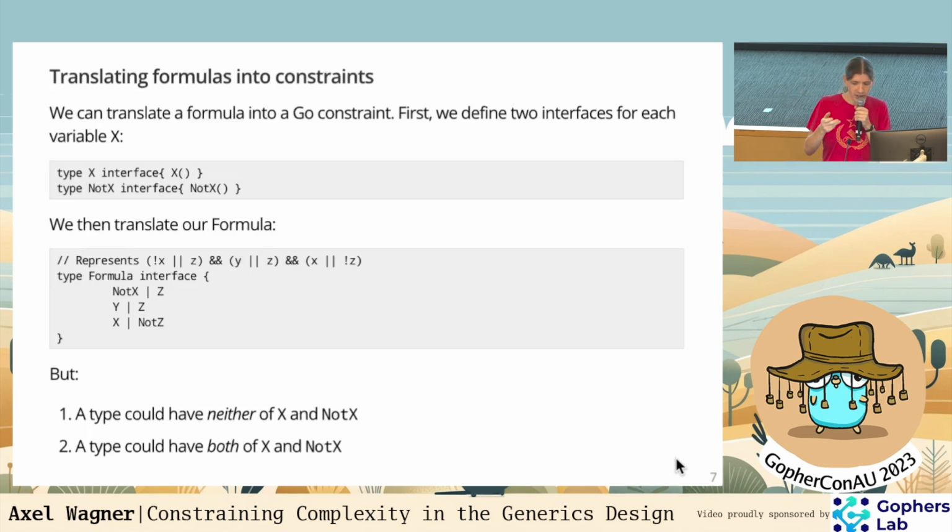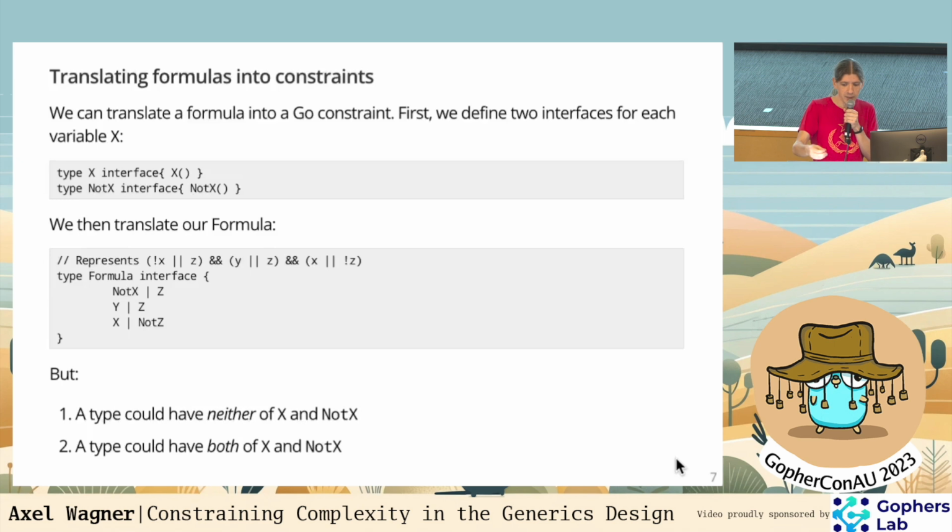If we do that, we can just take our formula and translate it one-to-one into a Go interface by replacing every logical OR with a union, every negation with the corresponding NOT interface, and every AND in the formula by just doing a line break or a semicolon to embed another interface to say it has to satisfy all of these. And with this translation, intuitively, any type satisfying the formula should give us an assignment of variables that will make the formula come true.